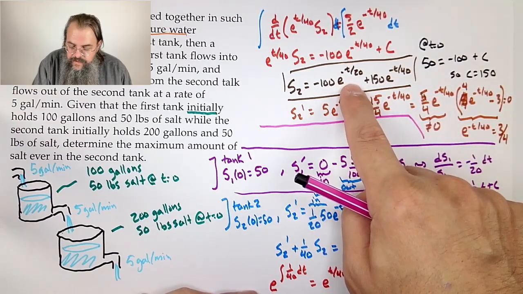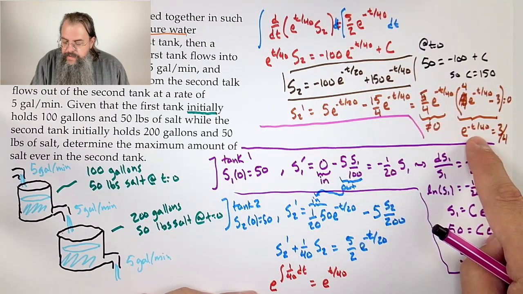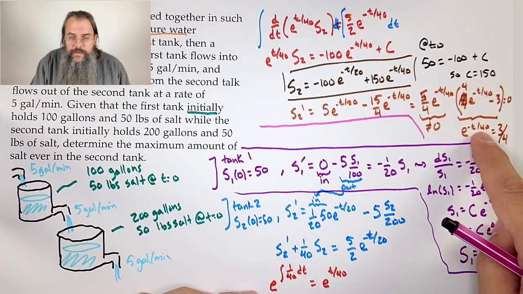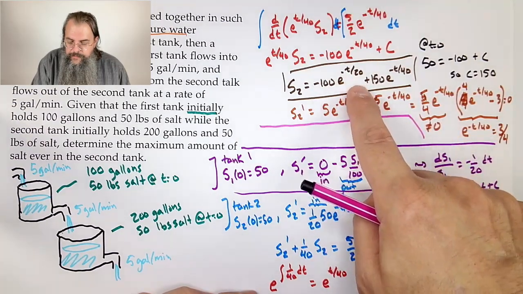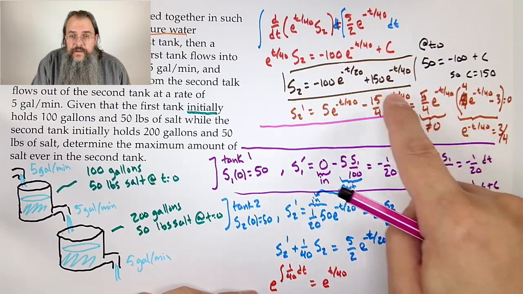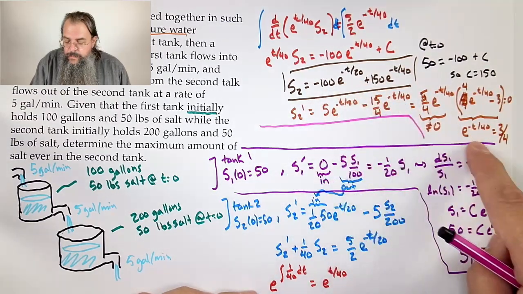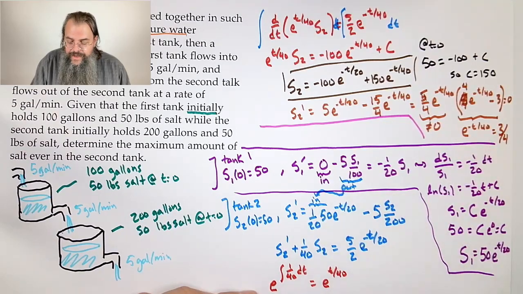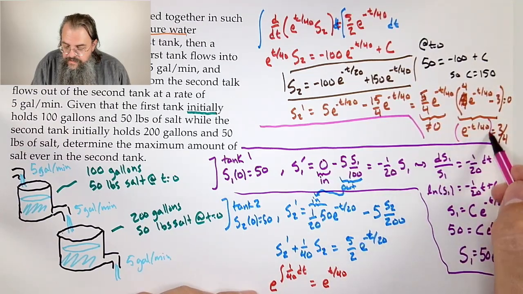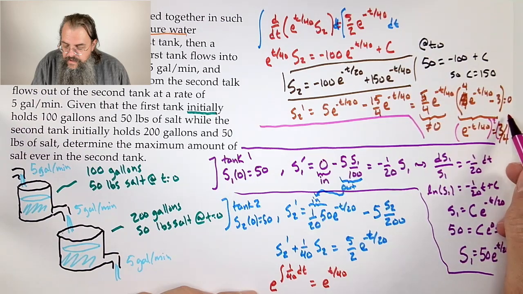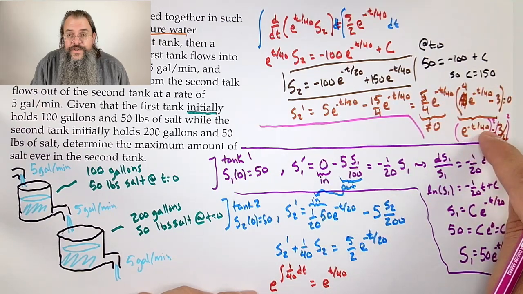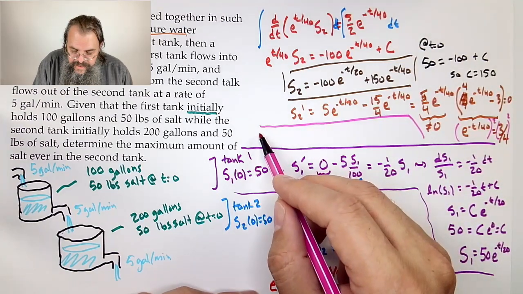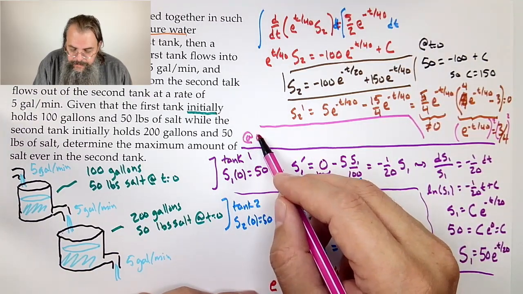What's the relationship between e to the minus t over 40 and e to the minus t over 20? If I double this, I end up with this, and the way I double is square. So if you were to square this, you'd get e to the minus t over 20. So I get 9/16.